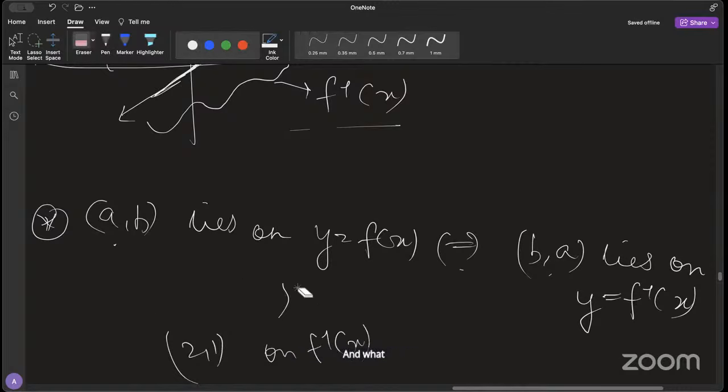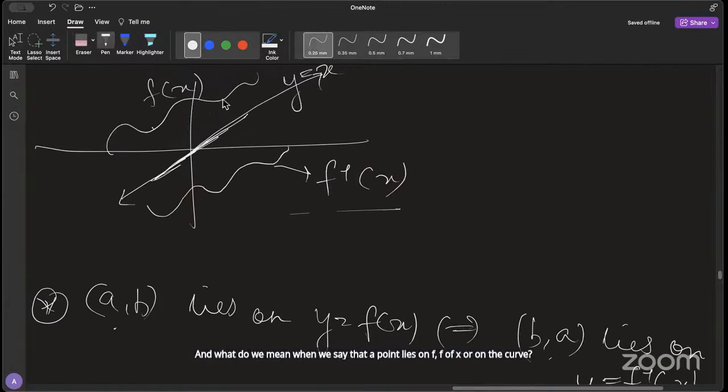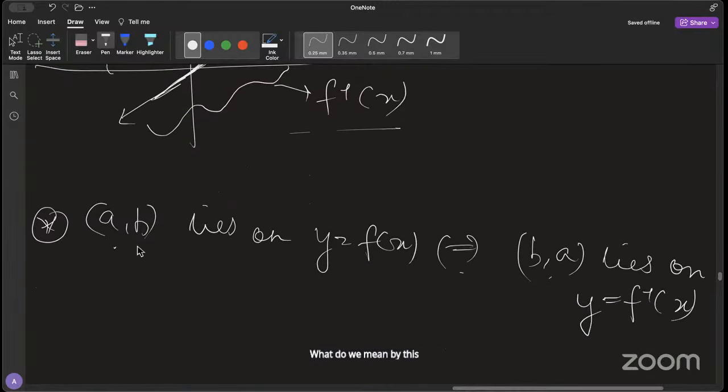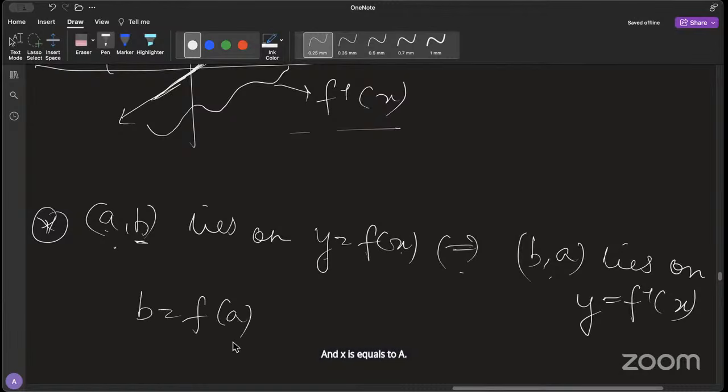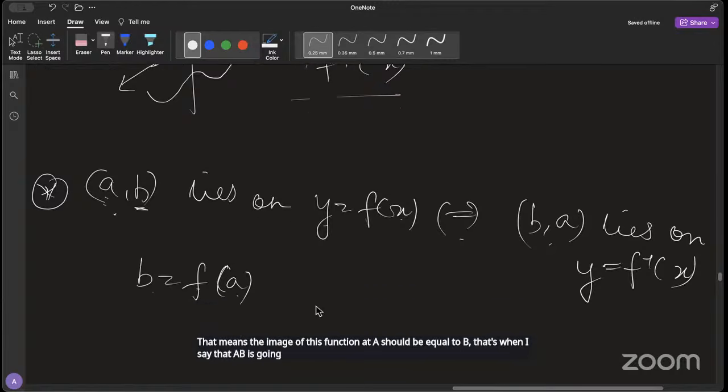What do we mean when we say that a point lies on the curve? If I say (a, b) is here, we mean that (a, b) satisfies this function. That means if I put y equals b, this is the y coordinate, and x equals a, then this should be true. That means the image of this function at a should be equal to b. That's when I say that (a, b) is going to lie on this function.